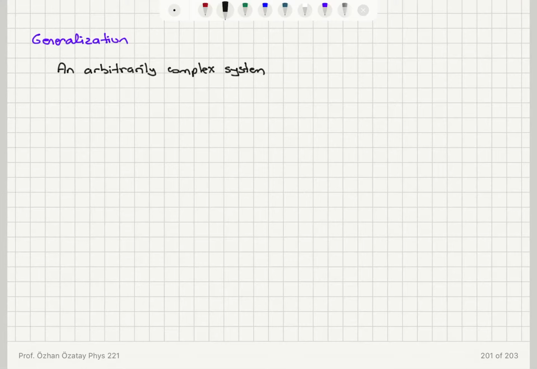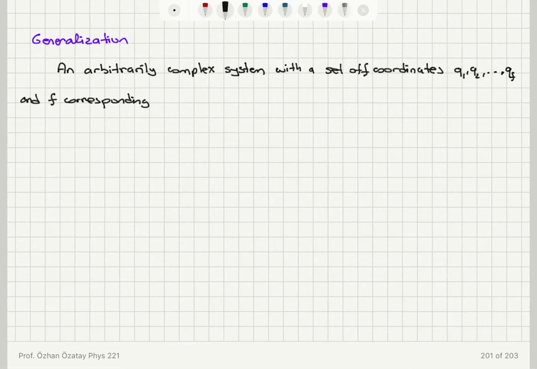The system consists of many particles with a set of f coordinates, let's say q1, q2, qf. This could be f particles, and I have f corresponding momenta as well. So this is going to be P1, P2, all the way up to PF.